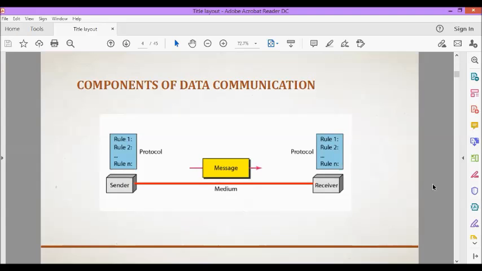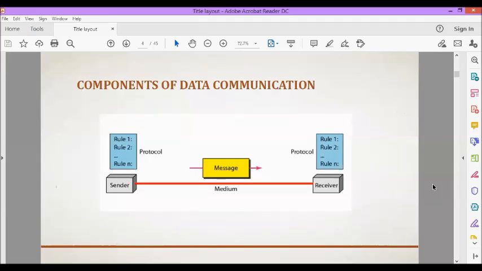What are the different components of data communications? Communication means the exchange of information or messages. When we talk with each other, we are exchanging information. For data communication, computers, telephones, and wireless devices that are linked in a network are used.